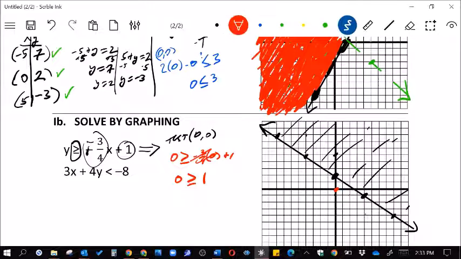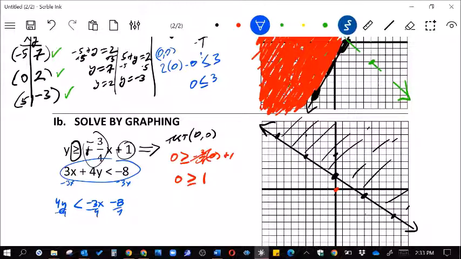Now let's graph this one. I'm going to subtract 3x. 4y is less than -3x minus 8. Divide by the 4. Y is less than -3 over 4x minus 2. Let's go to -2 and then down 3.